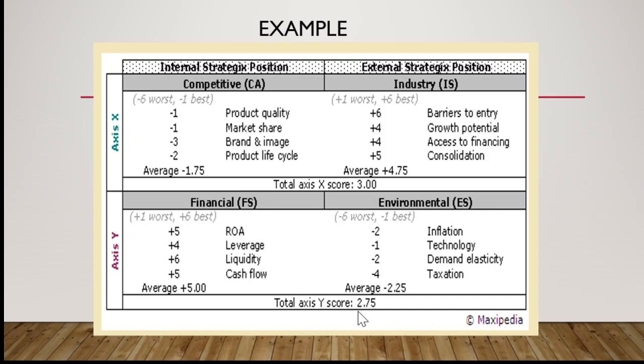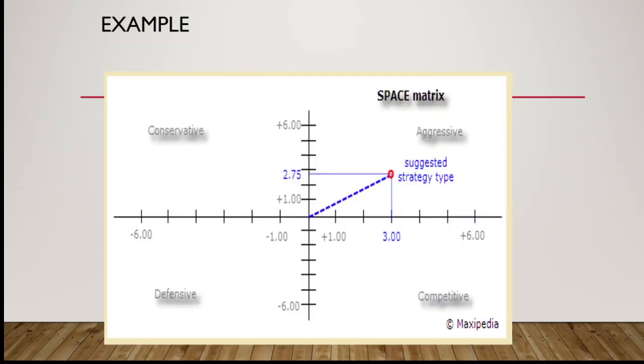And then, ang ipa-plot na natin is yung 3 sa x-axis and then yung 2.75 sa y-axis. Okay, so eto na siya. So we have yung 3 sa x-axis and then 2.75 sa y-axis natin.